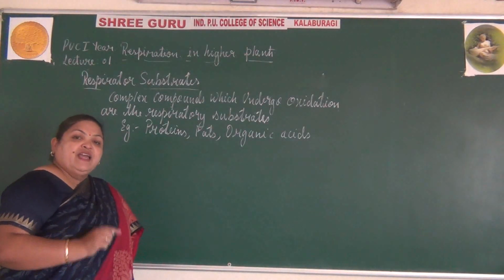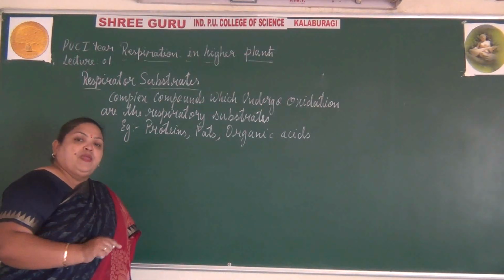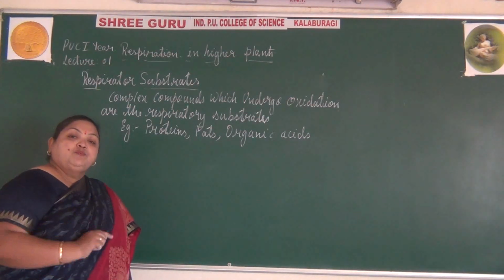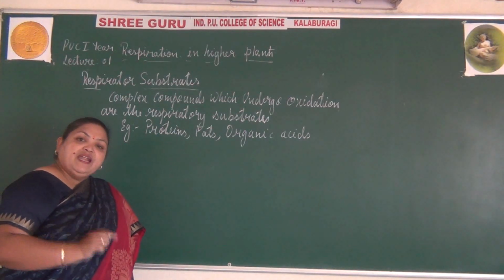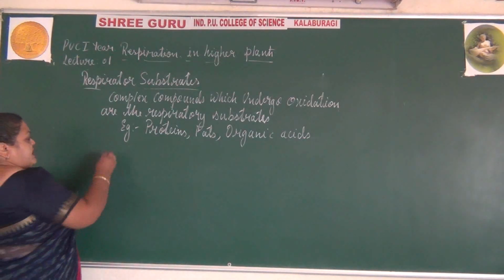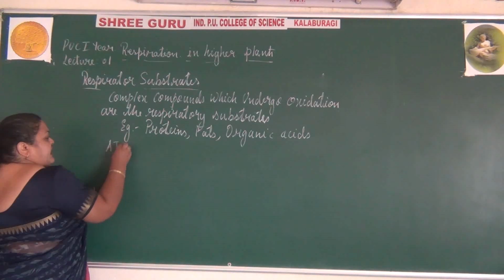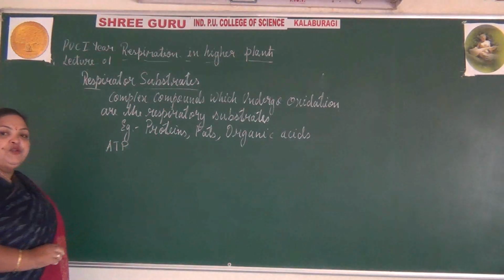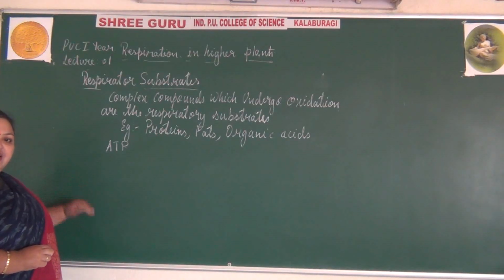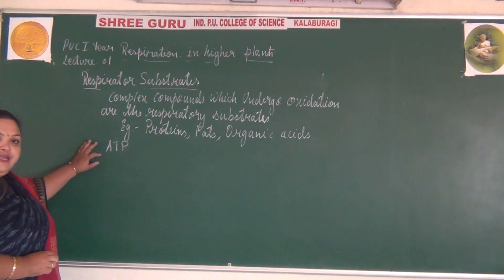That energy is provided by ATP molecules, and the process of synthesis of ATP molecules is known as phosphorylation. So here ATP molecules are to be synthesized, where it uses energy in the form of ATP.